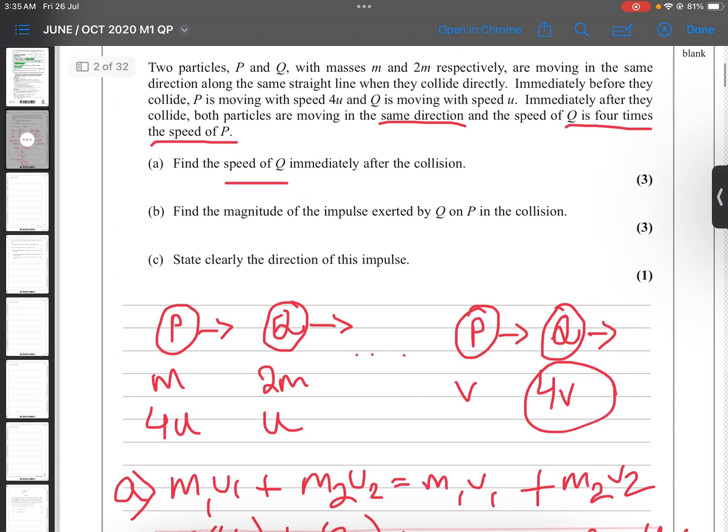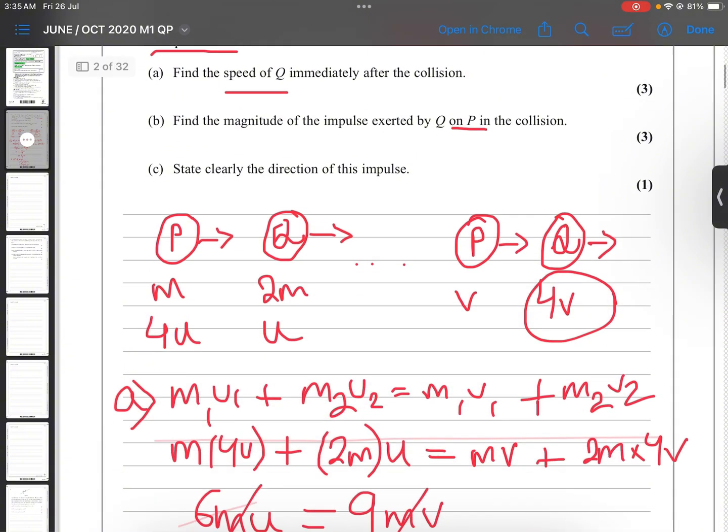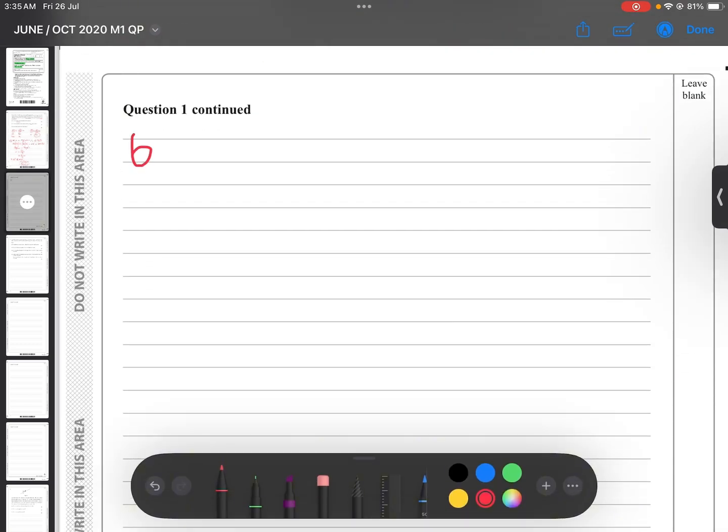Now, part B says find the magnitude of the impulse exerted by Q on P. So on P in the collision, we are going to consider everything for P. For part B, impulse has the equation m(v minus u).